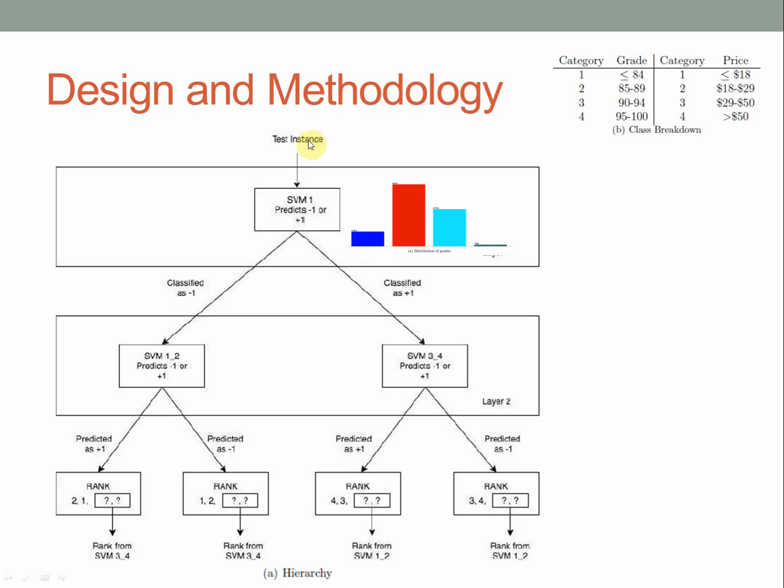Now if a testing data set comes in, we can use this first SVM to predict whether it is 90 plus or 90 minus. Then we can build the second SVM by feeding only the positive y's for the prediction of 90 to 94 or 95 to 100.